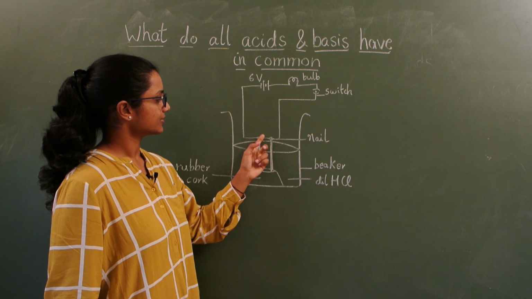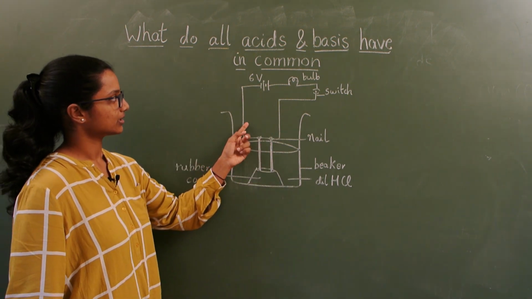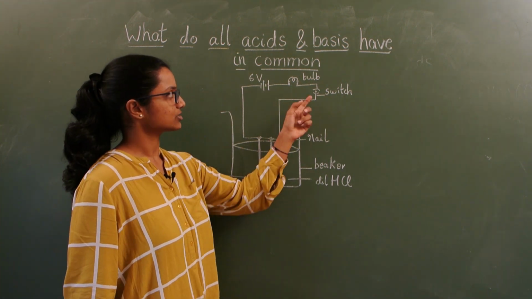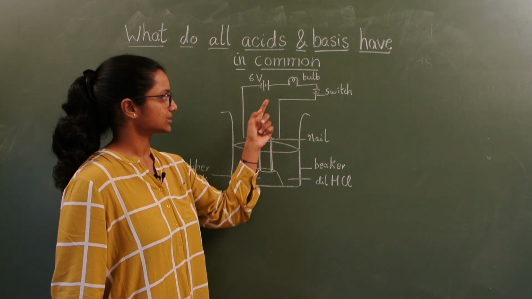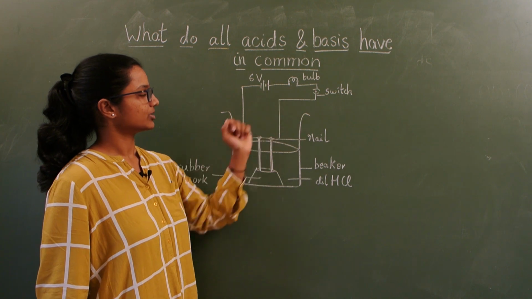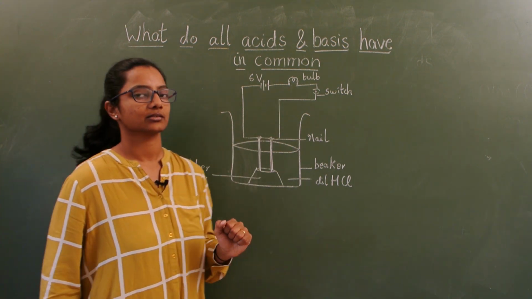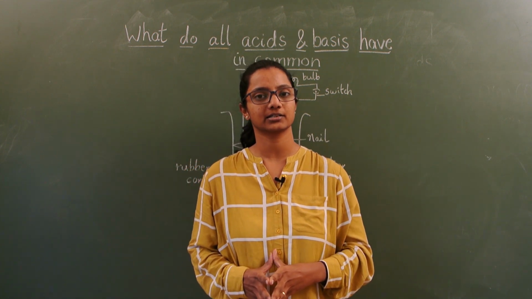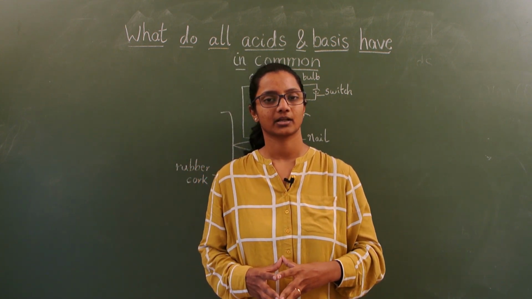You will observe in this experiment that the bulb starts glowing when the switch is turned on. When the circuit is complete, the bulb will start glowing. This proves that hydrochloric acid conducts electricity.